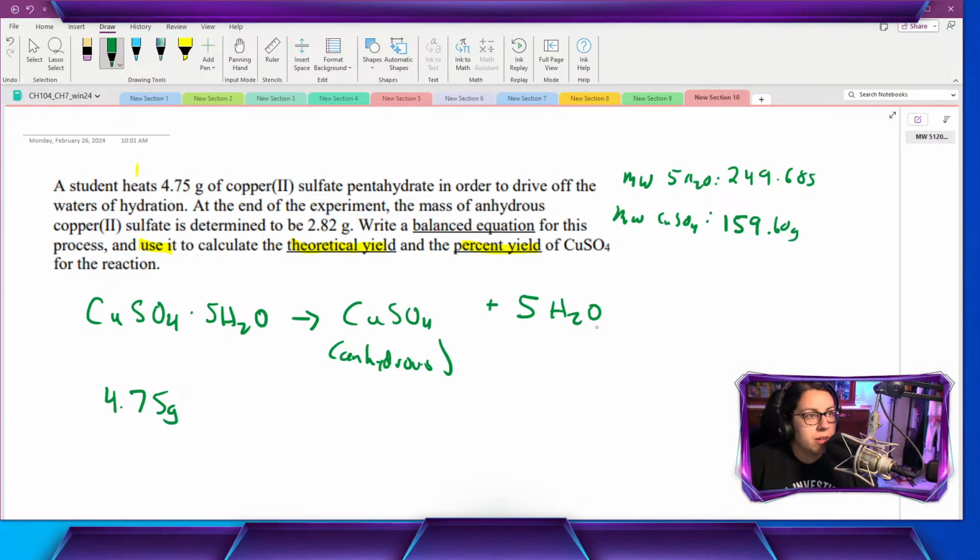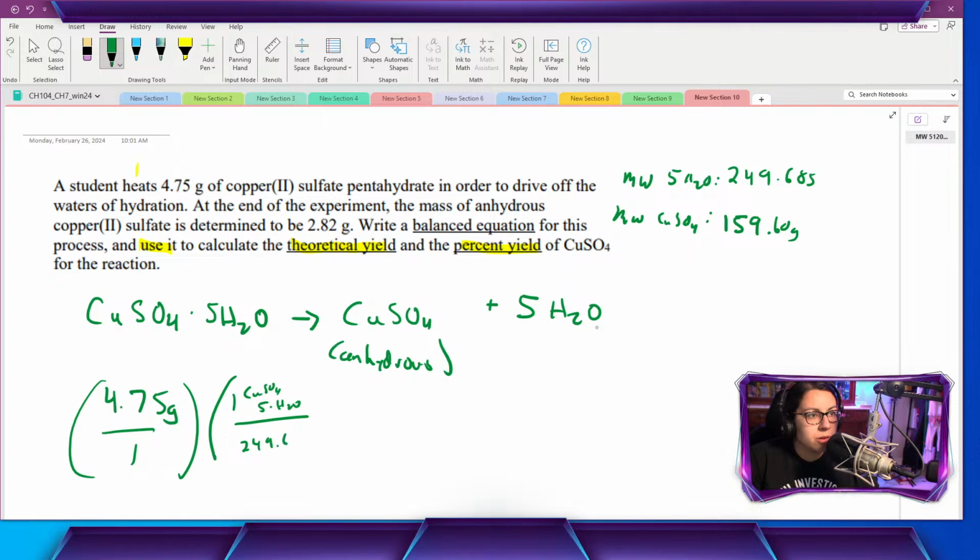And so we can do this a couple of different ways. I would encourage you to just treat this like a mole problem. So let's find the moles. We're going to divide: 1 mole of copper sulfate pentahydrate is 249 grams, and that gives us our moles.